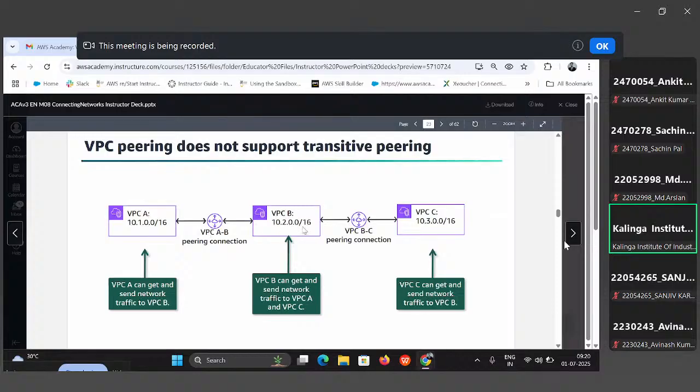We have peering connections where VPC A can send network traffic to VPC B. In this case, VPC B can send network traffic to A and C, because B is connected to both A and C. And similarly, C is connected to VPC B. Accordingly, you can check all the connections.